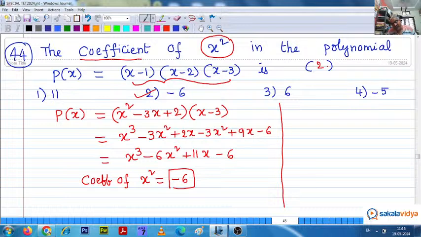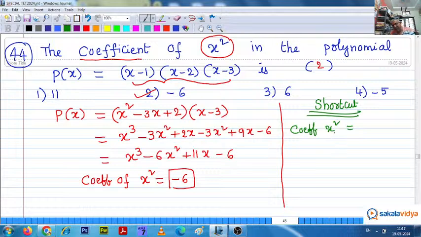But whenever x minus 1, x minus 2, x minus 3, x minus 4, x minus 5 and so on, up to multiplied by x minus 100, that question may be asked. So for that purpose I will tell you one beautiful shortcut. The coefficient of x square in this one: the highest degree is x into x into x, x cube.